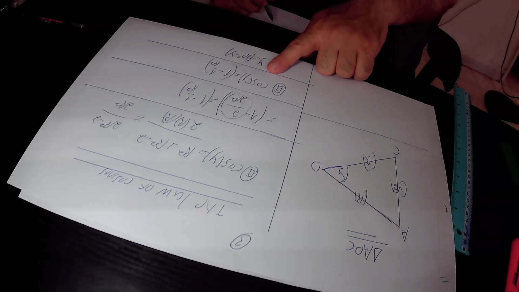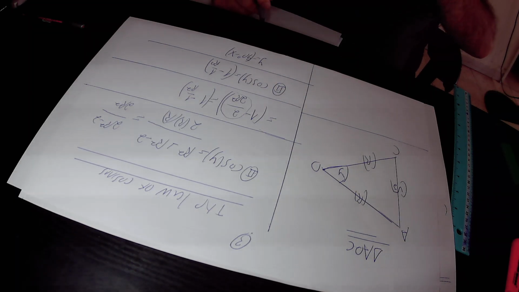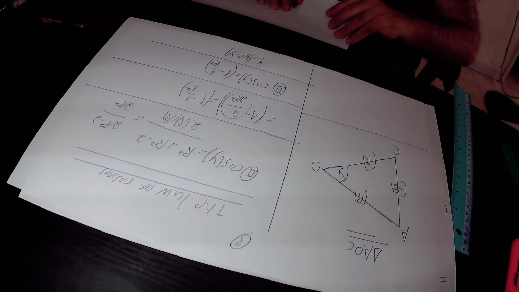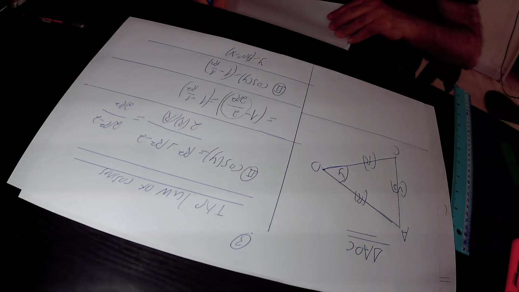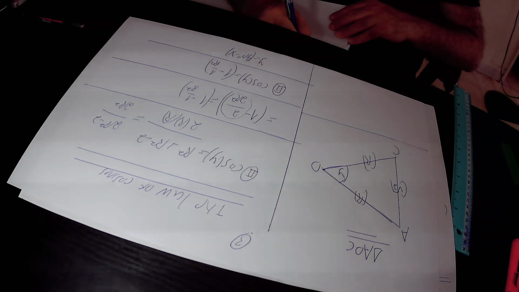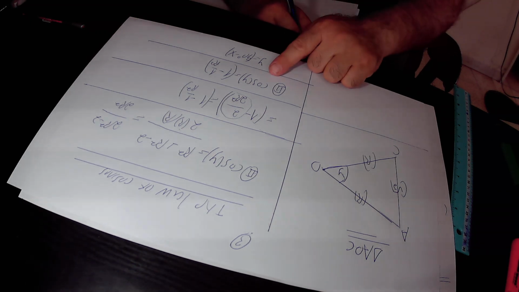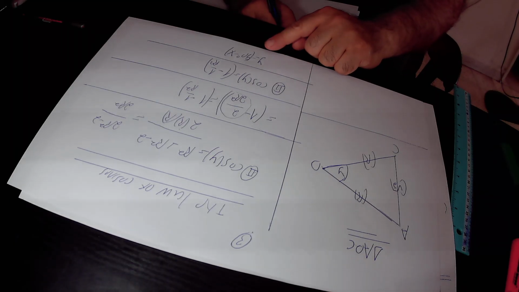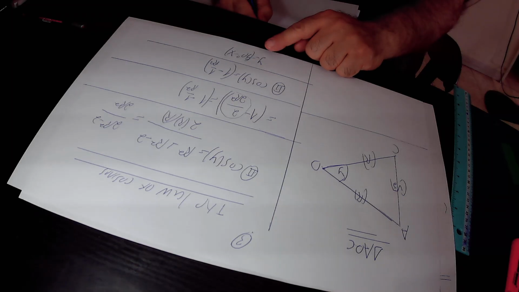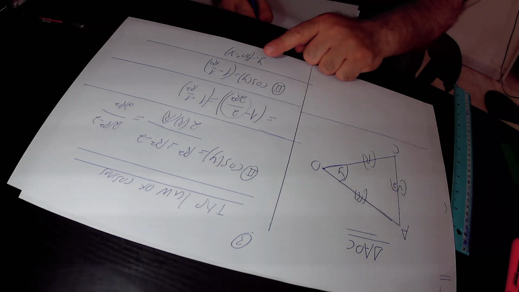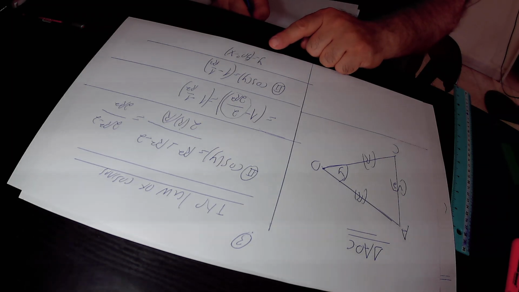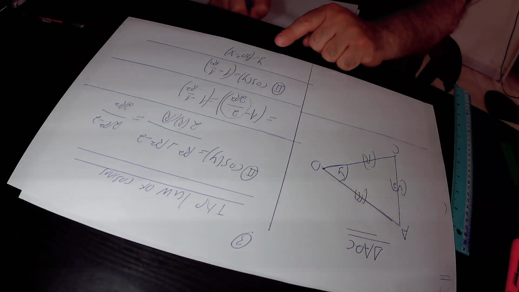We do it now and we get that according to equation 2, cosine of Y, where Y is 90 degrees minus X, equals 1 minus 1 over R squared.